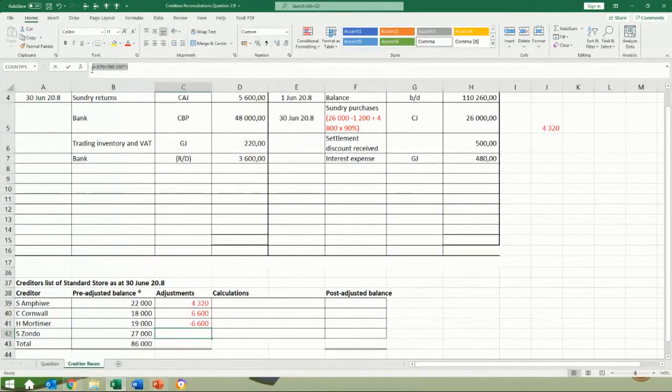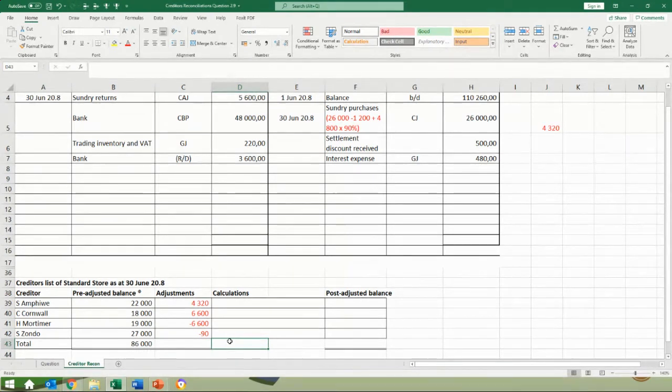So what we have to do now, there's 2 ways of doing it. So you can do the minus 870, so what it should have been, and then you add the 780 to get to a negative 90. Now, how do I know it's a negative 90 and not a positive? Because of the fact that it was a credit note.